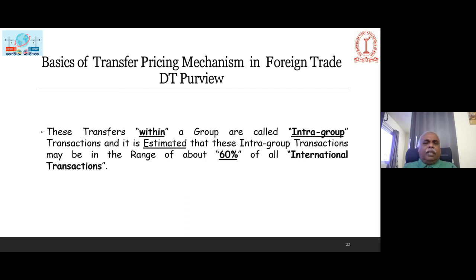These transfers within the group are called intra-group, and it is estimated that intra-group transactions are in the range of 60% of international transactions. Out of the total international transactions, 60% are intra-group transactions, within the group only. This has a lot of potential to increase the revenue base of the government.